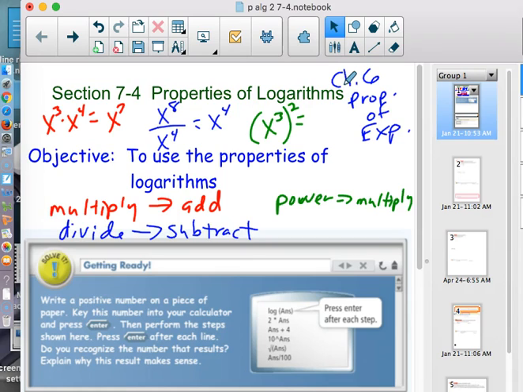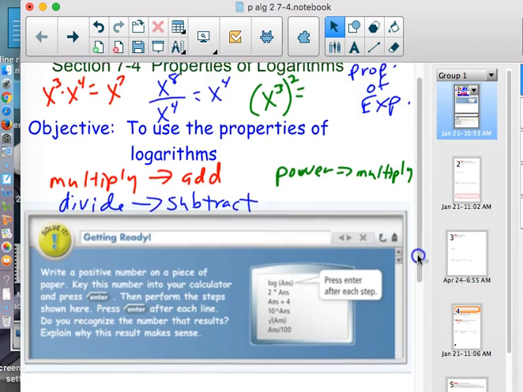If we see addition, we know that came from multiplication. If we see subtraction, we know that came from division. If we see a logarithm that's being multiplied by something, we know that came from a power. So these rules are the same rules we learned in chapter 6. It's just that we have to stop and think, okay, logarithms follow the same properties that exponents do. So I've got to use all of those rules.